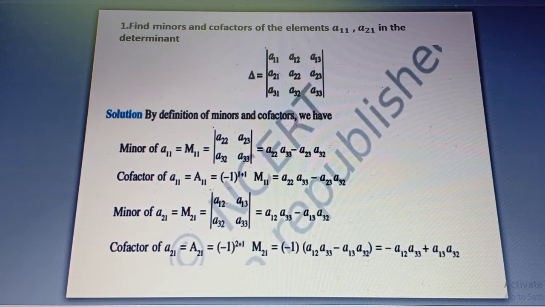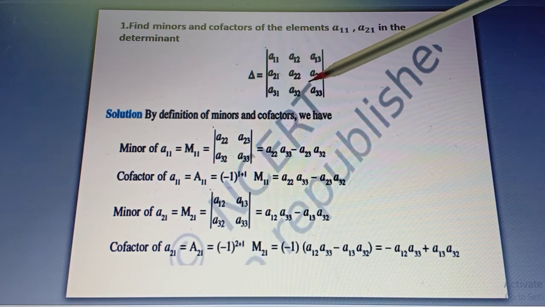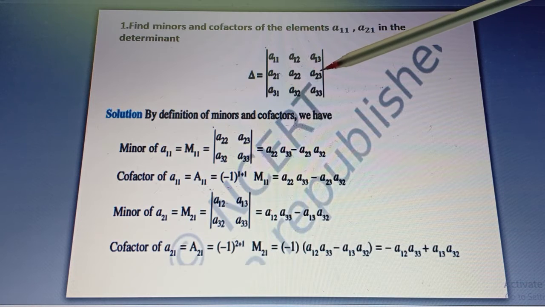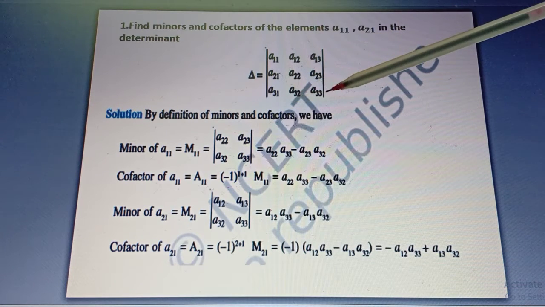Let us take one example here. One question is there: find minors and cofactors of the elements A11, A21 in the determinant. In order to find the minor of A11, we have to delete its corresponding row and corresponding column, and the rest of the elements form a 2 cross 2 determinant, and these are A22, A23, A32, A33.